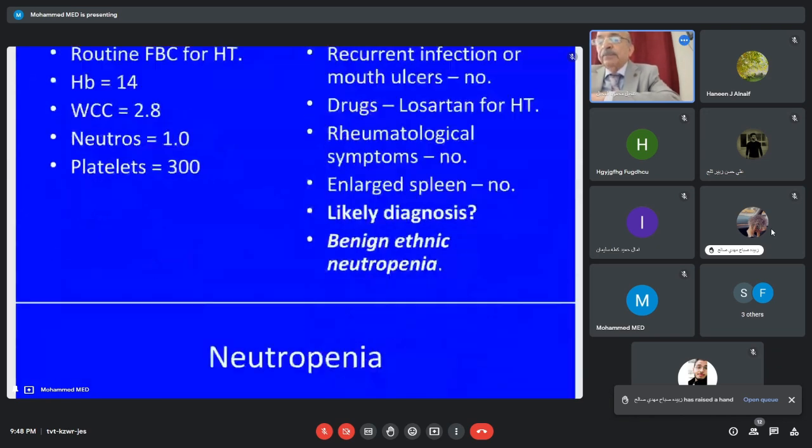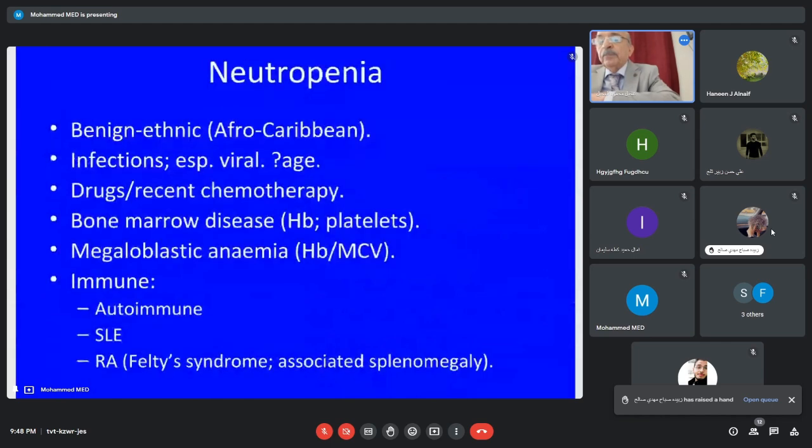Next slide, please. A neutropenia, benign ethnic Afro-Caribbean. They are prone to infections, particularly viral infection, and when the infection subsides, the count will go back to its normal 2.8.